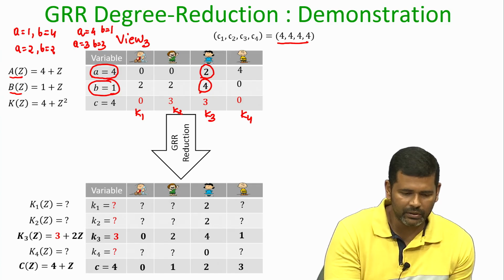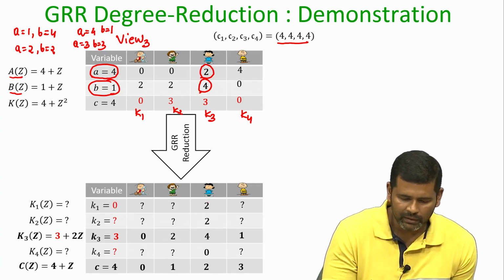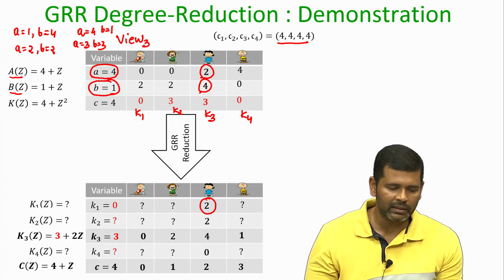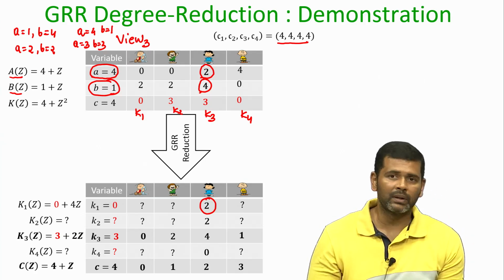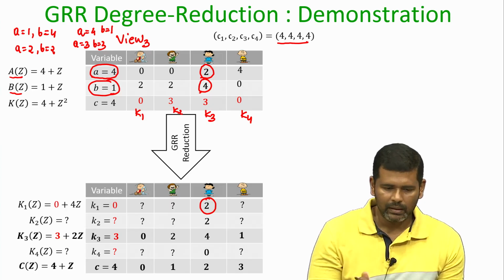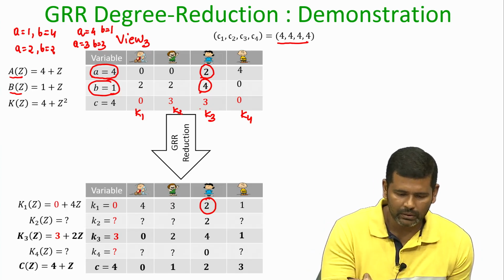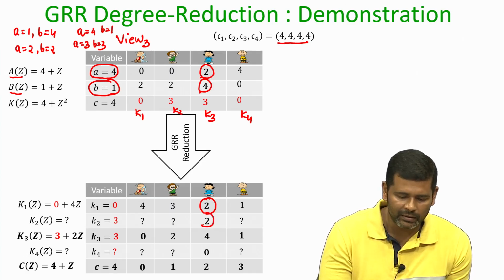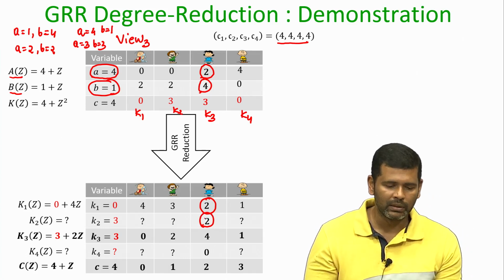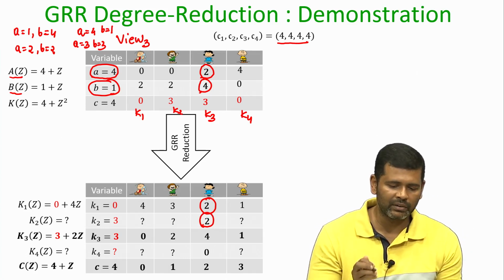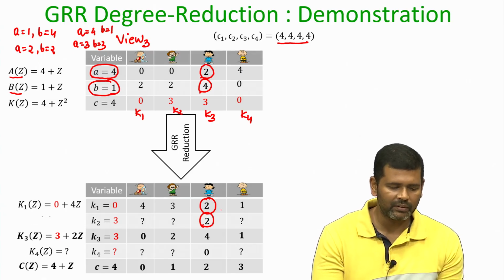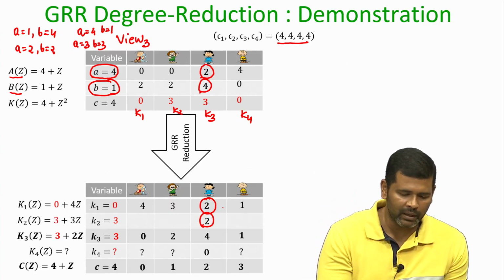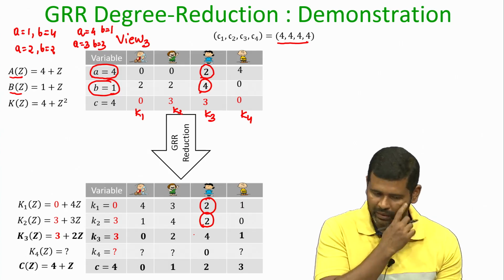Now, if K1 is fixed to 0, given that P3 has seen the share 2 for that unknown K1, that freezes the K1 polynomial that P1 would have used. And if K2 is fixed to 3, then given that P3 has seen the share 2 for that unknown K2, together with K2 equal to 3 and her share being 2, that fixes the polynomial that P2 would have used to share that K2, and that would have fixed the other shares of K2 as well.